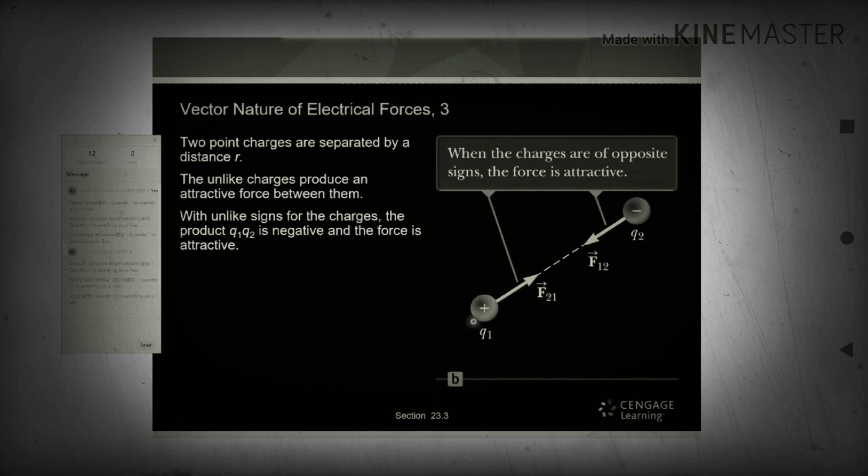If I have a Q1 positive and Q2 negative, these are unlike signs for these two charges. So Q1 times Q2 is negative. When a force is negative, then it's attractive.